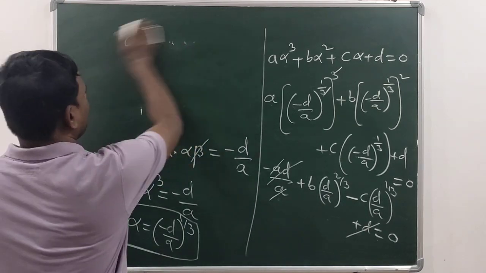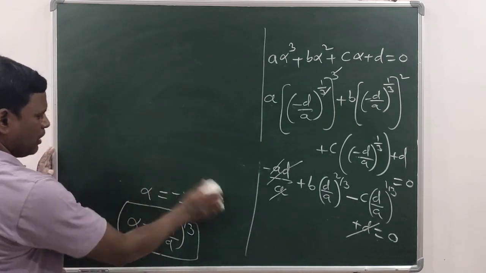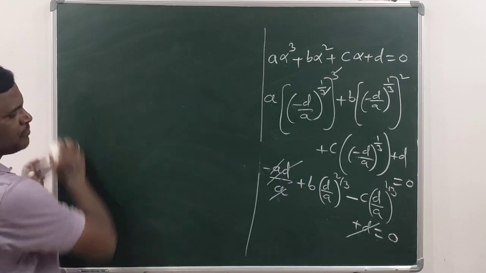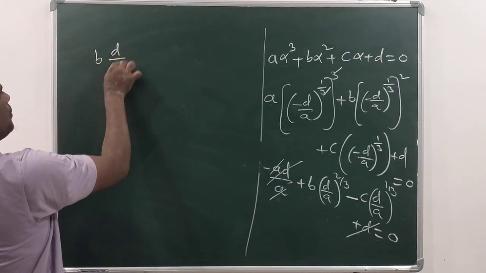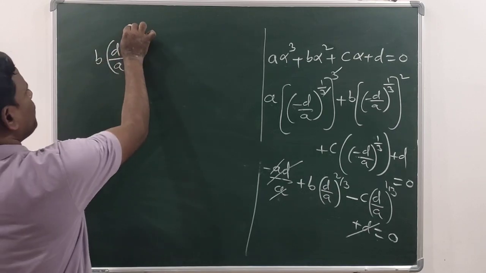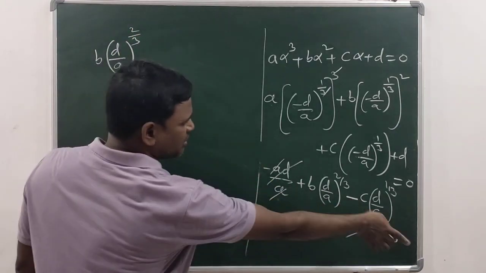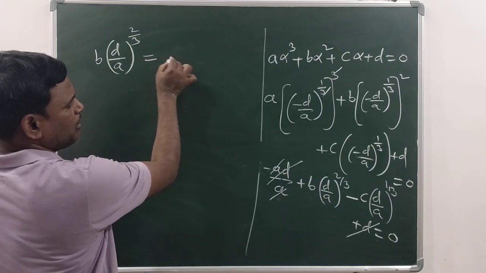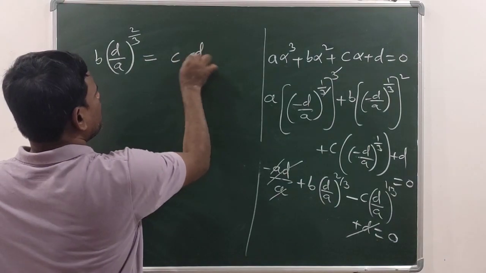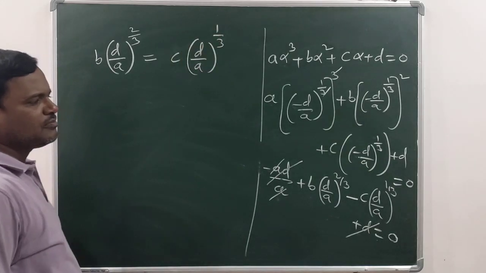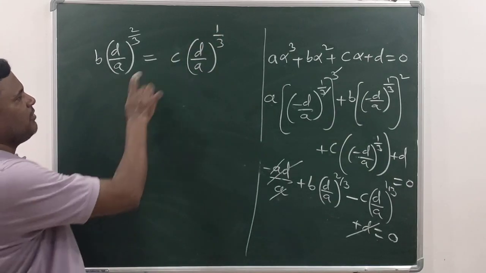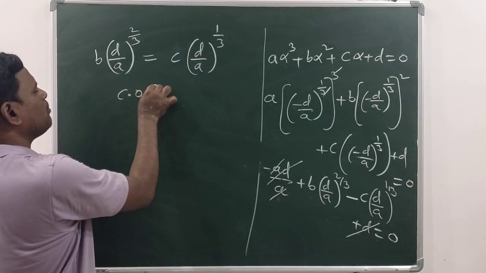So after simplifying, what are we going to get? Now tell me here, b into d by a whole power 2 by 3. Now transfer this one to the right side, so that what do you get? C into d by a whole power 1 by 3. Okay? Right, now hereafter take cube on both sides.